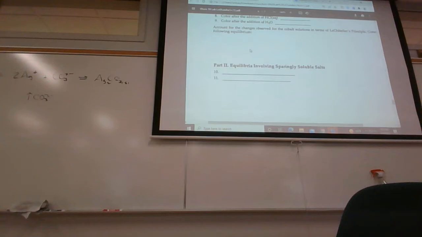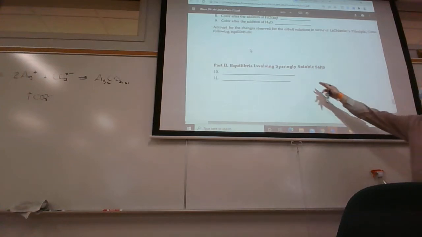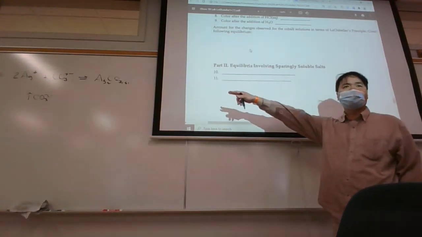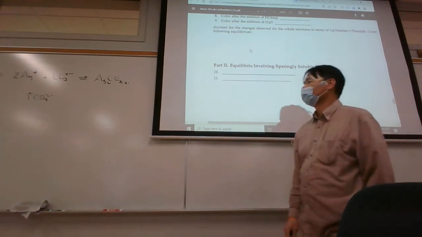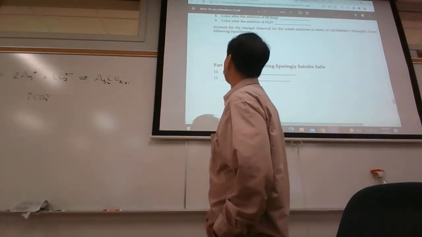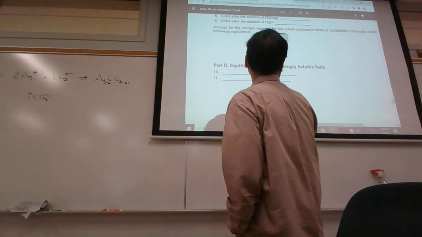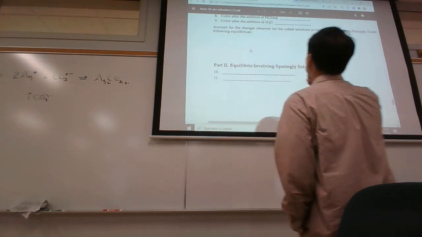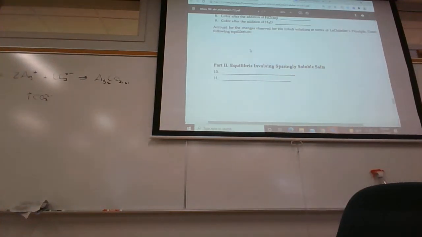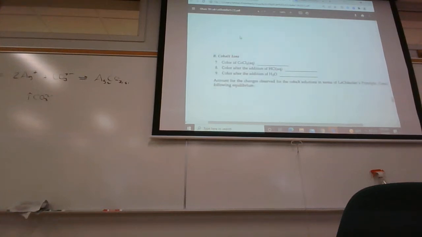Well, I don't know what they want on this line. I'm assuming they want the equation there. What about this space on top? It's for the cobalt. Oh, yeah, I skipped cobalt? Oh, yeah, I did. And in the text, for the average 10, 11, it says to write down observations.